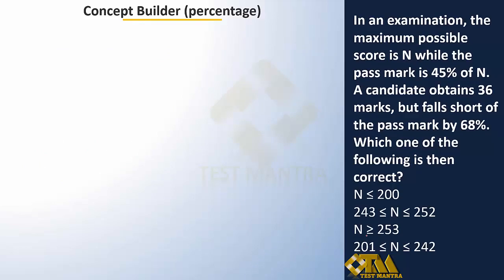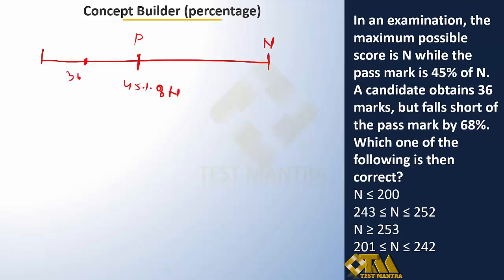Next one. In an examination, the maximum possible score is n. So the total score is nothing but n here, while the pass mark, let's say the pass mark is this one, which is nothing but 45% of n. A candidate obtained 36 marks.